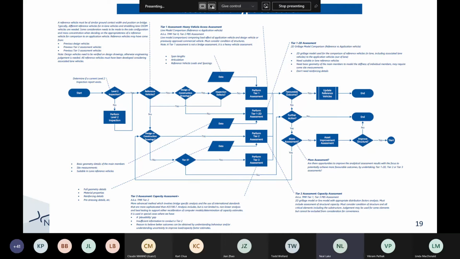The next thing I wanted to touch on is that design drawings are absolutely critical in the process of assessing bridges. I do understand that in most local authorities there are issues with drawings and keeping them over time. But I want to make the point that those drawings are absolute gold in this whole process.